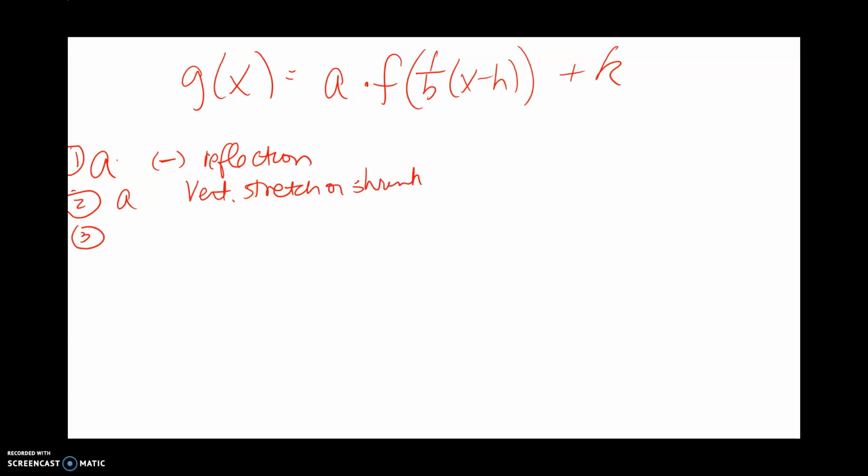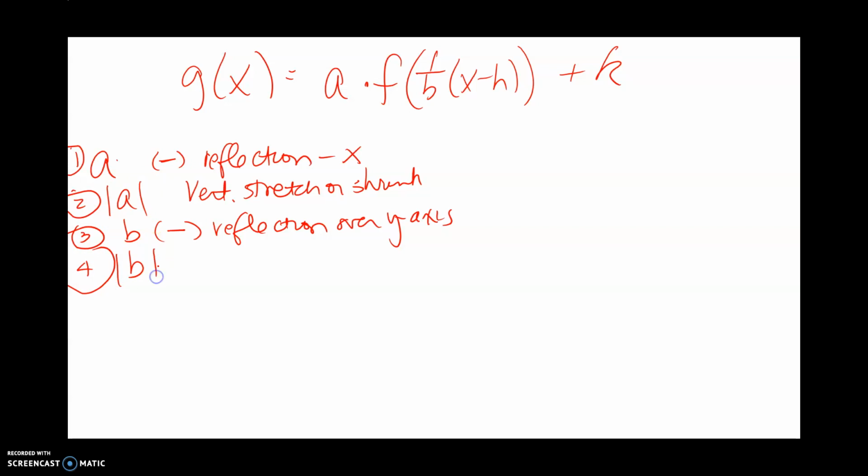Then we considered b. If b was negative, it was a reflection over the y-axis, right? And then number 4 talked about the absolute value of b, whether it was a horizontal stretch or shrink.